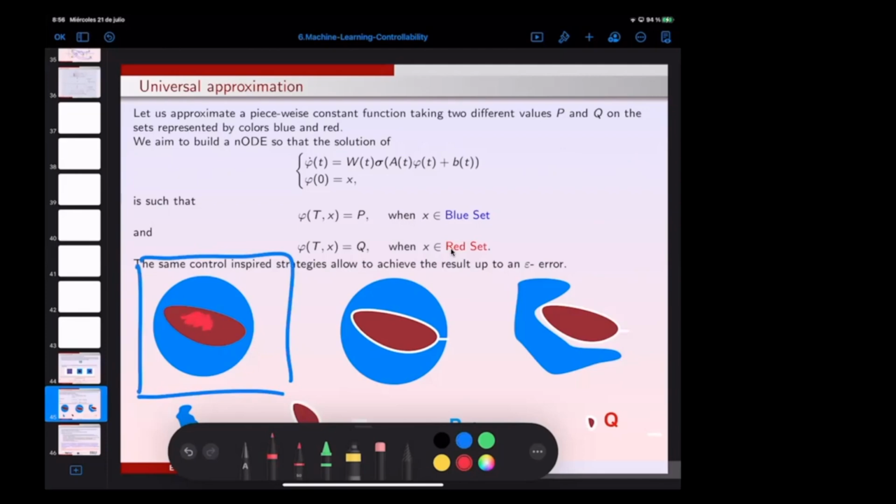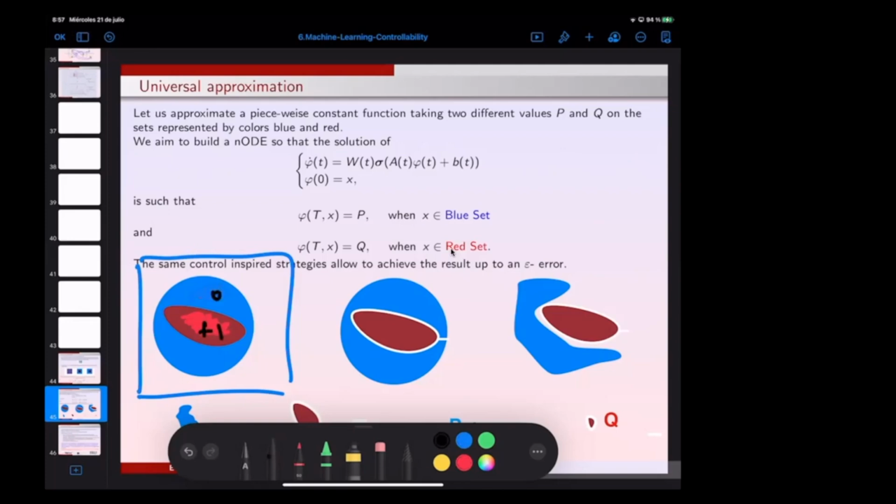This lentil here is red, and here I have blue. Fine. So I can identify this with the characteristic function of this lentil here, on which I take the value, say, +1, and here 0. You can think of this as being a characteristic function.